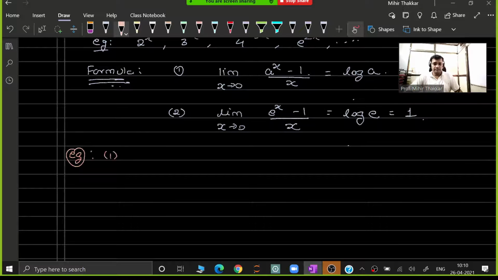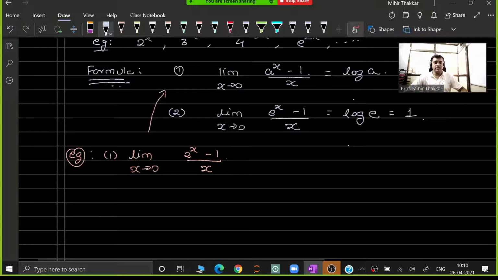Example number 1. Limit as x tends to 0. Let me start with a very easy example. 2 raised to x minus 1 upon x. So if you compare this with the general formula number 1, I can understand over here that value of a is 2. Everything else is exactly same. The limit value is 0.